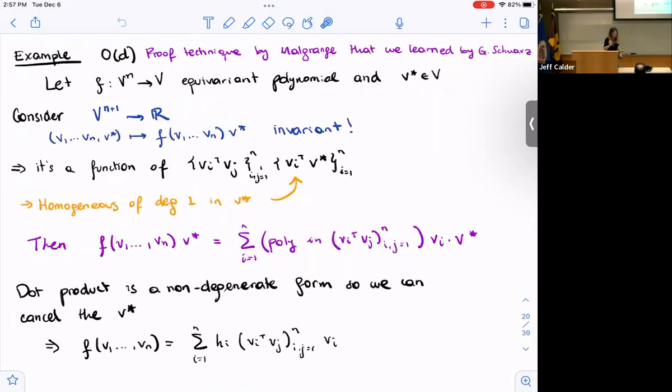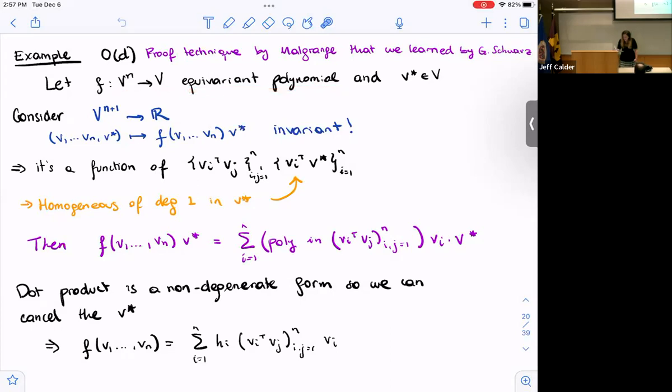So the example is actually the example that I have already proved. Okay, so say I have a function that takes n copies of a vector space and outputs a vector space, and this is an equivariant polynomial.